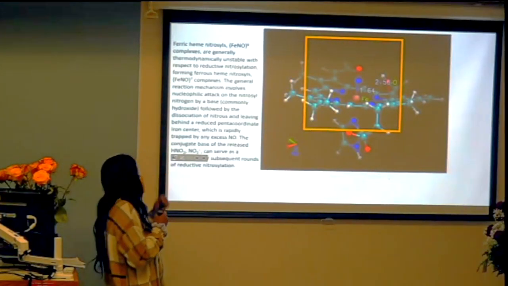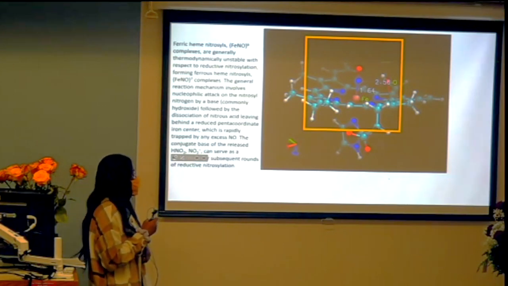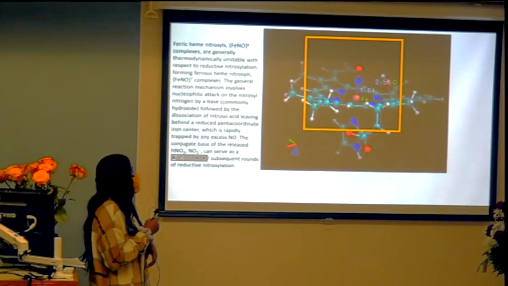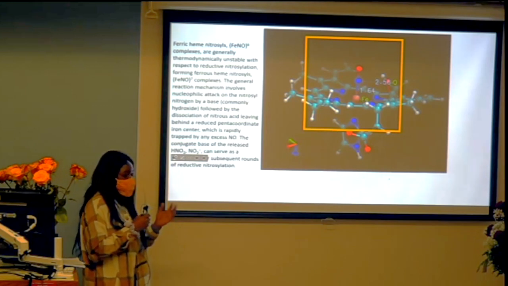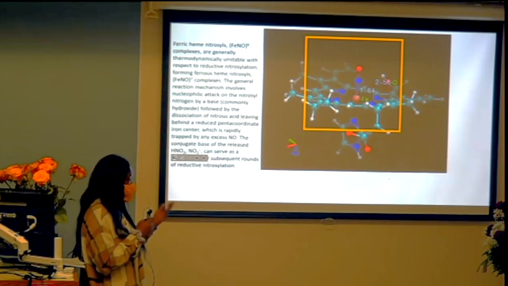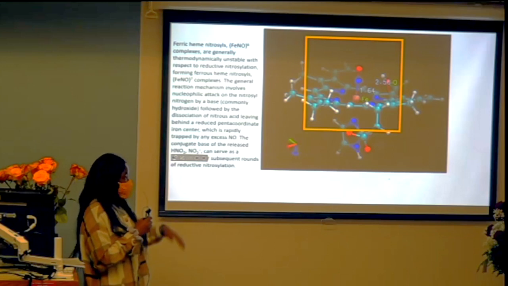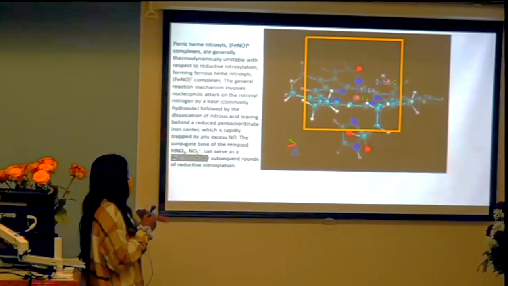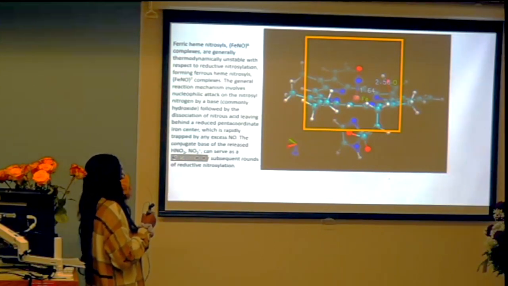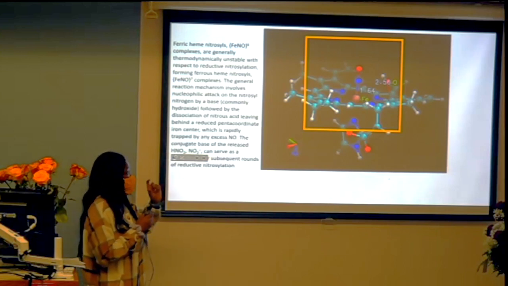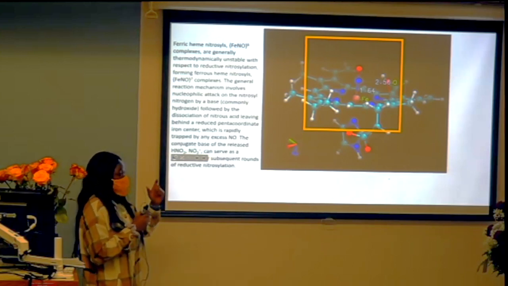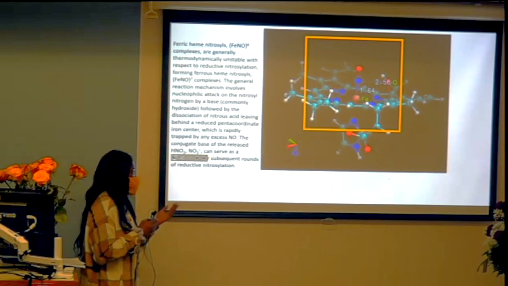Ferric heme nitrosyl complexes are generally thermodynamically unstable, so they form the ferrous heme nitrosyl. The mechanism that happens is a nucleophilic attack upon the nitrosyl nitrogen by a hydroxide or any base.